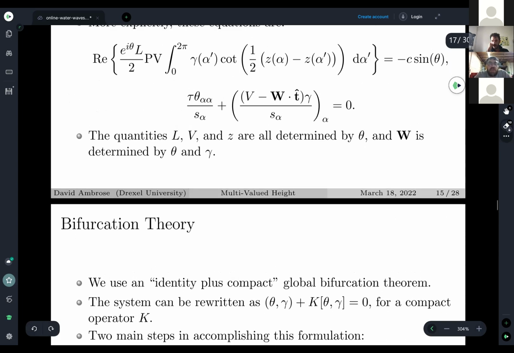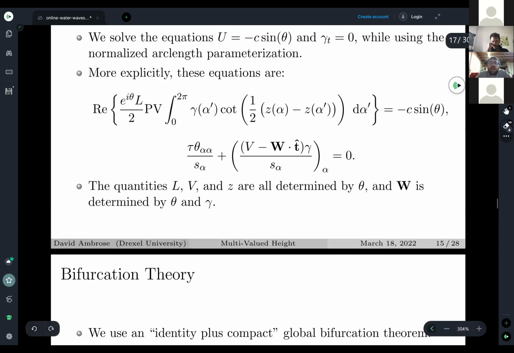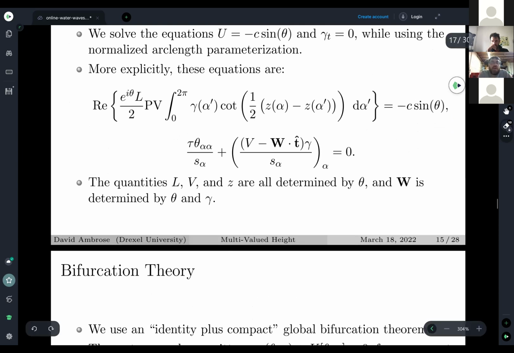So let me go back to the equations. This might not look very much like that, but again, this integral is a lot like the Hilbert transform of gamma. So we write the left-hand side of the first equation as the Hilbert transform of gamma plus a smooth remainder, and that equals minus c sine theta.